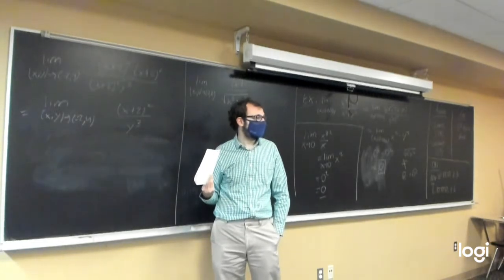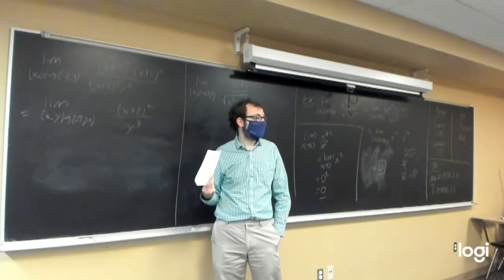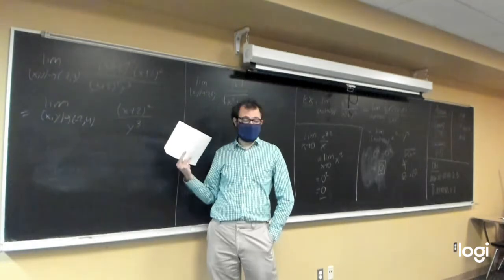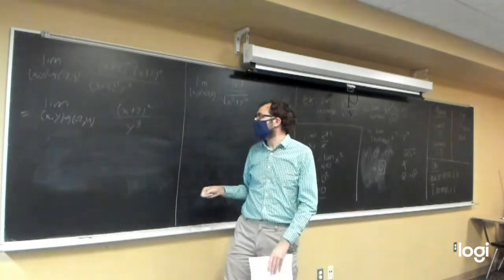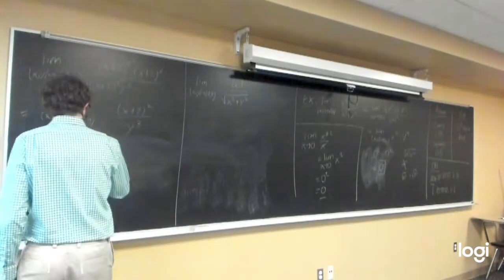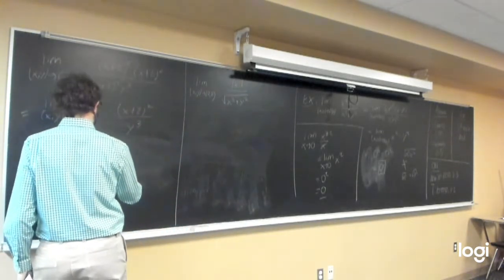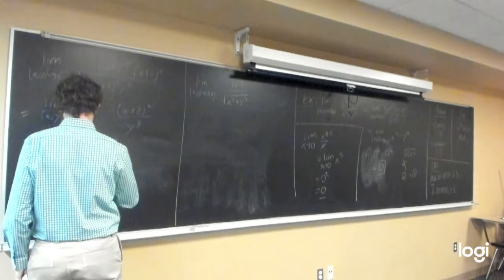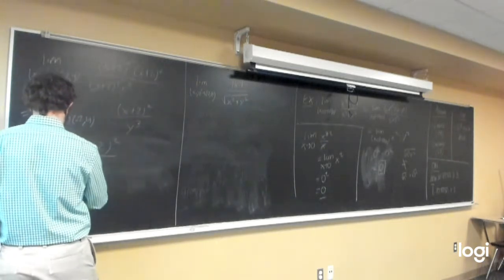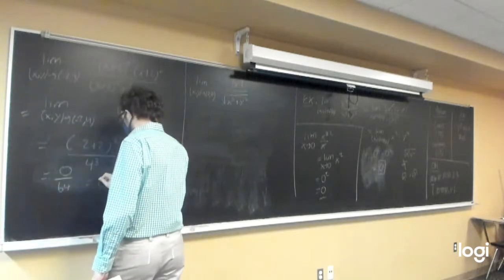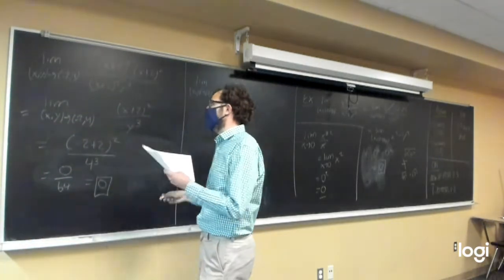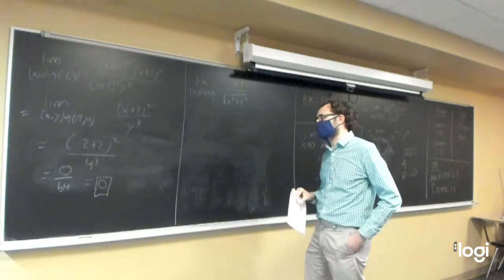I would just plug in x is -2 and y is 4. Sounds good to me. At this point, just plug in our values for x and y. So if we do that, we'll get -2 plus 2 quantity squared over 4 cubed, which is going to give us 0 over 64. And in the end, we do get a limit here: this expression is going to come out to 0.